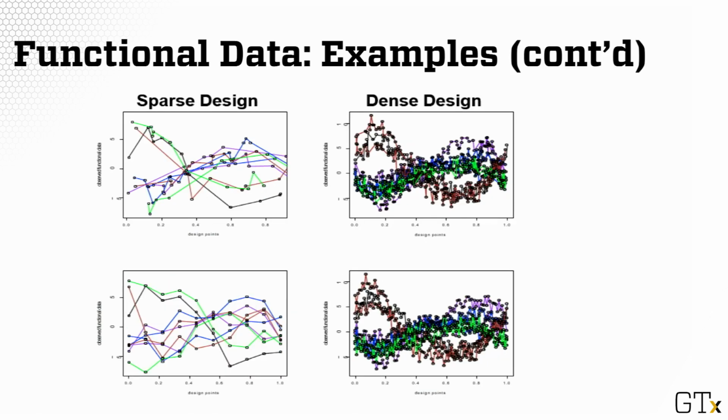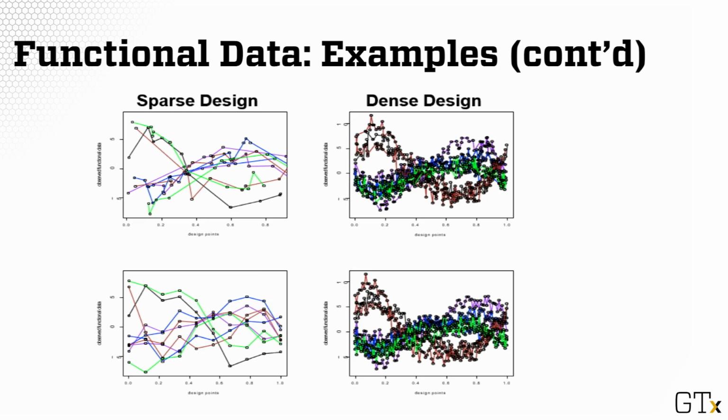We can add random errors or disturbances to these functions and thus obtain the functional data as provided on the slide. Similar characteristics in terms of the design points are for this functional data. However, because of the random disturbances, we see that the patterns of the functions are less clearly distinguished, particularly for the sparse design. The idea of functional data analysis is to borrow information across multiple such random functions to make inferences on the process generating the functional data.